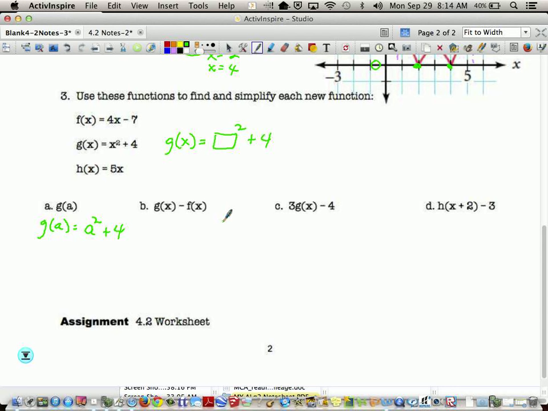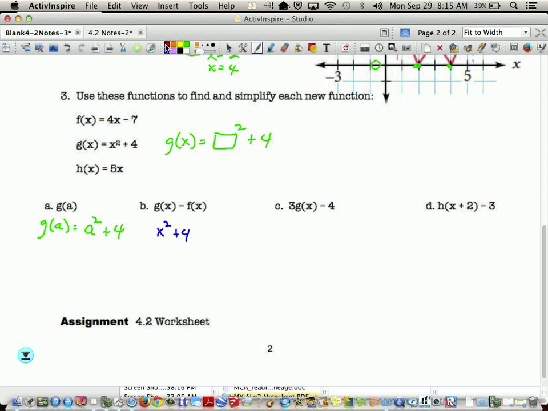What are they asking you to do in B? Find x? No. Literally, they're asking you to take function G and subtract function F. That's it. So write down function G, which would be x squared plus 4.